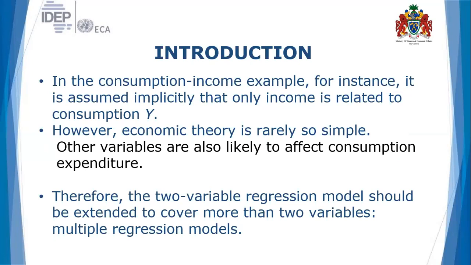So we can learn a regression model, as we saw in lesson 1, the simple regression model, by looking at consumption expenditure as depending on income. However, economic theory is rarely so simple. There are many other variables that are also likely to affect consumption expenditure.